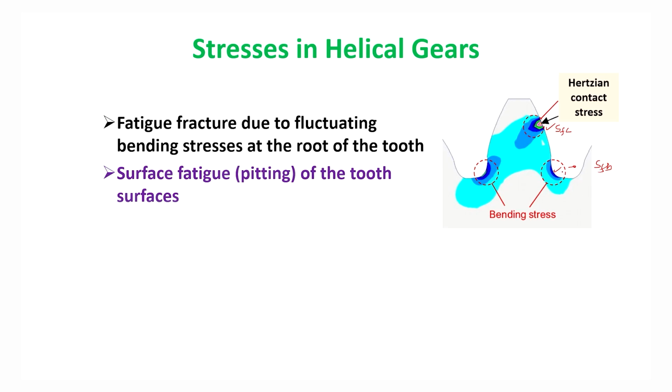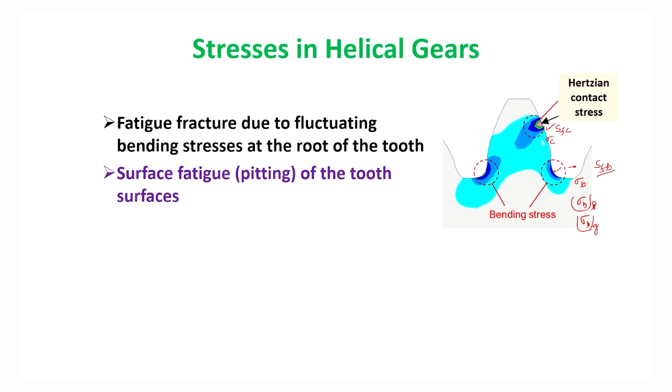The stresses which will be determined are sigma B, the bending stress, and sigma C, the surface stress. This will be done for both pinion and gear, and thus we will get two values each: sigma B of the pinion and of the gear, SFB for the pinion and gear, sigma C for the pinion and gear, SFC for pinion and gear.